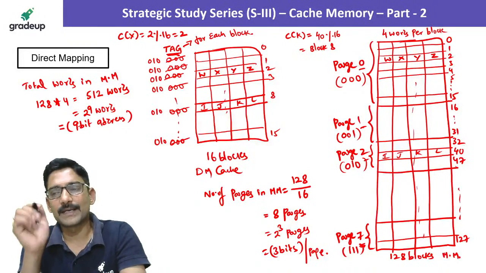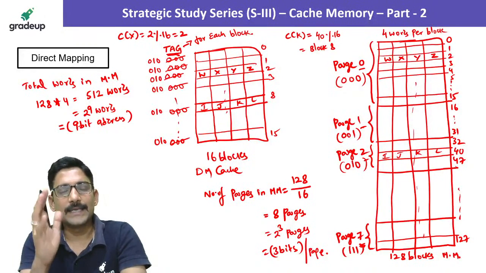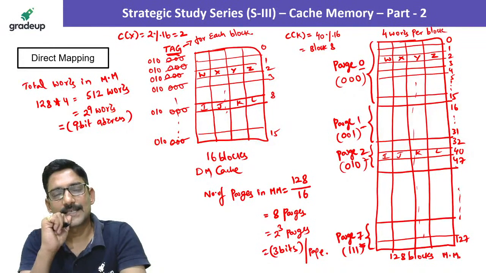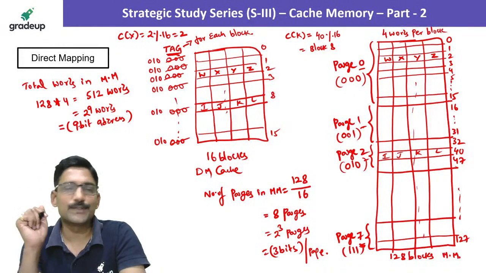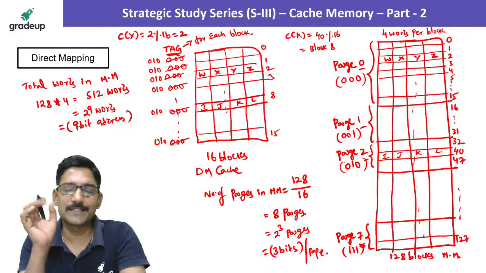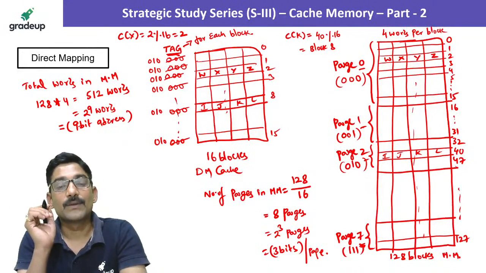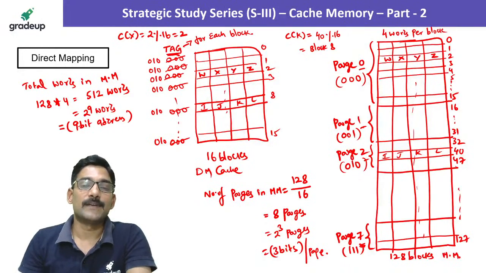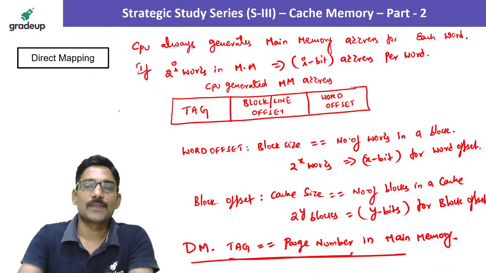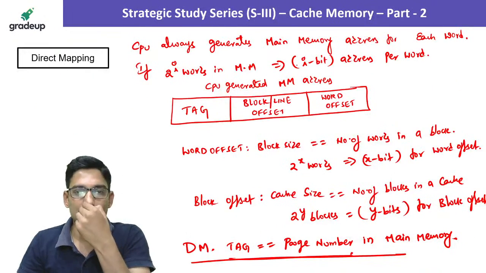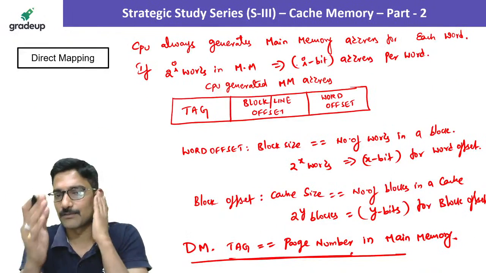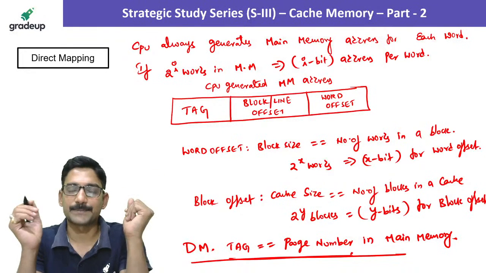Sir, you may get a doubt: why is the DM cache doing it like this? X's page is 0, but why is it updating it to 2? Because whenever the CPU generates the address, what does the DM cache do? It does this partition: word offset, block offset, tag.